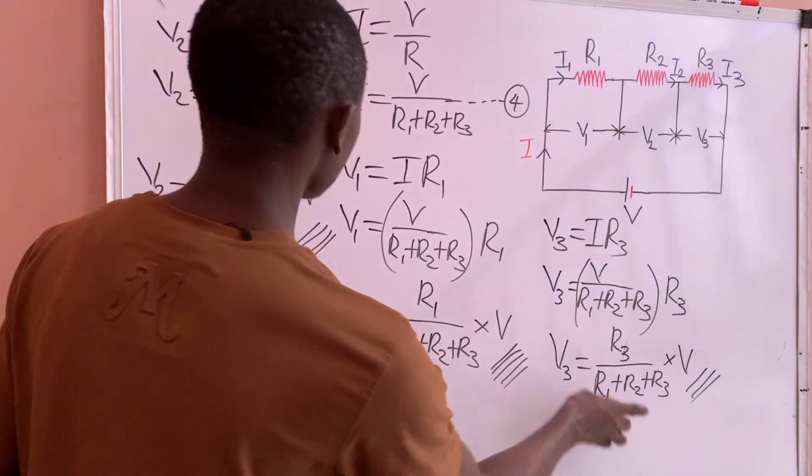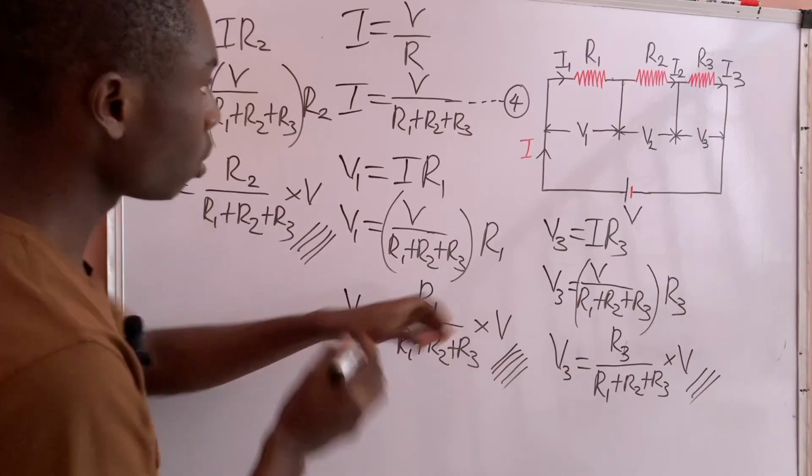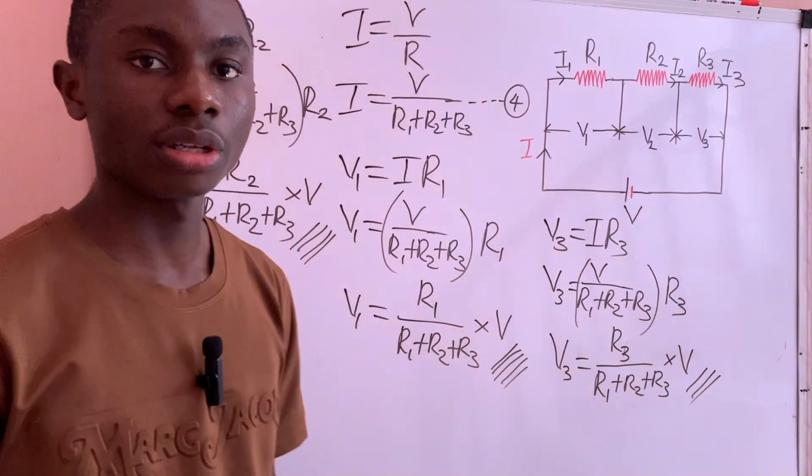So these are the formulas that we will use to calculate the voltage drop across the individual resistors.